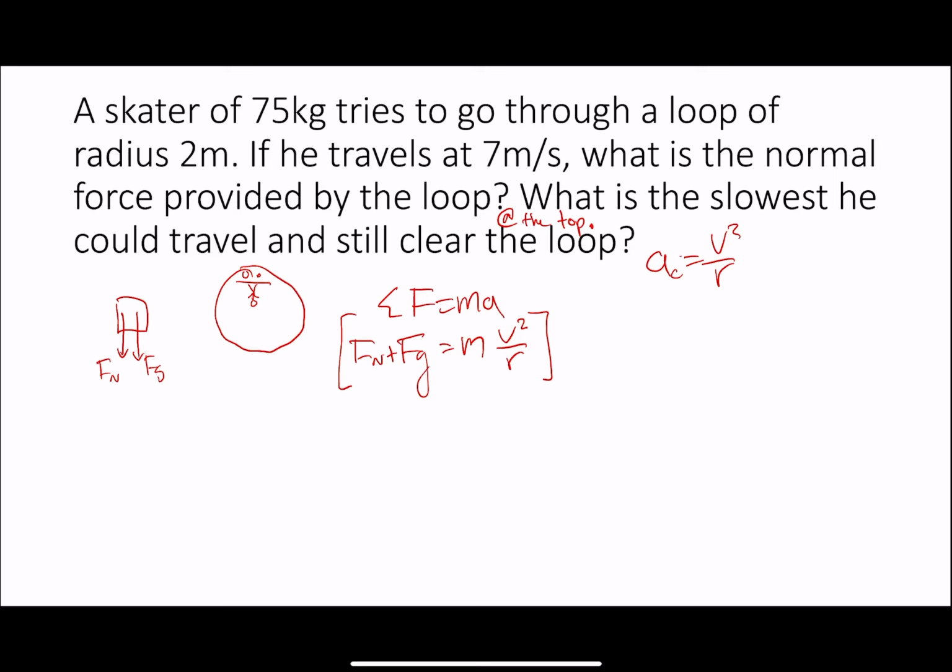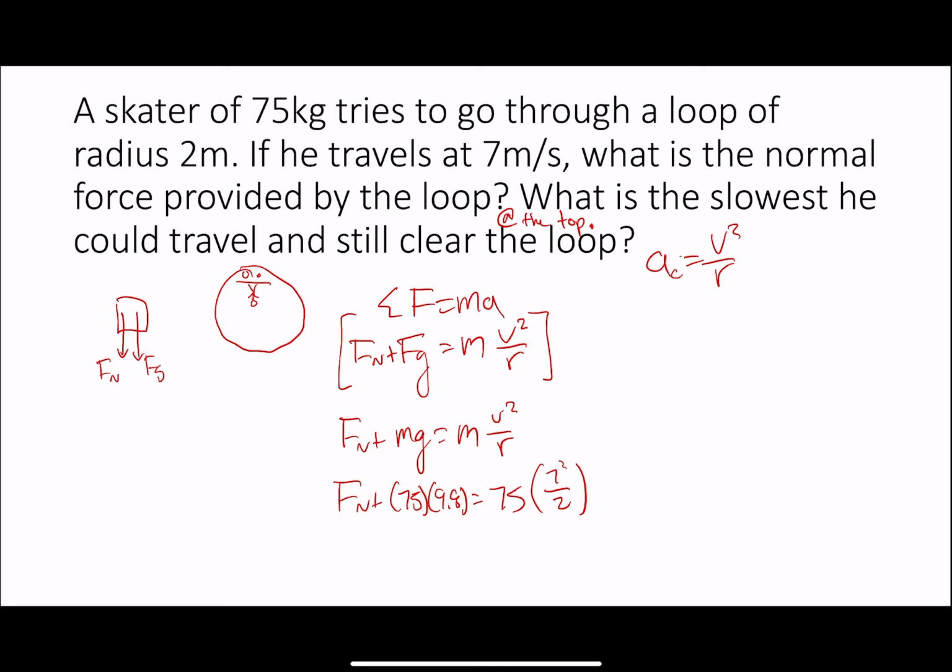All right. And we're looking for the normal force. So we're looking for Fn. Let's plug in everything else. Fn plus mg equals m v squared over r. Mass is 75, times 9.8, is equal to 75 times 7 squared over 2.